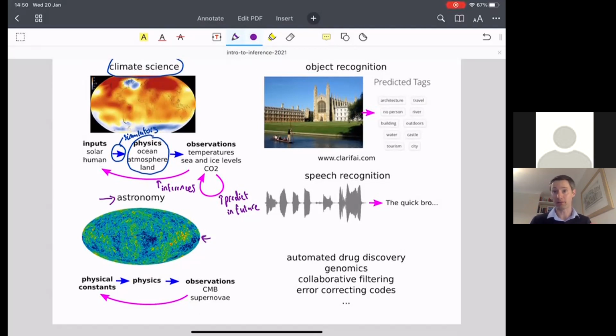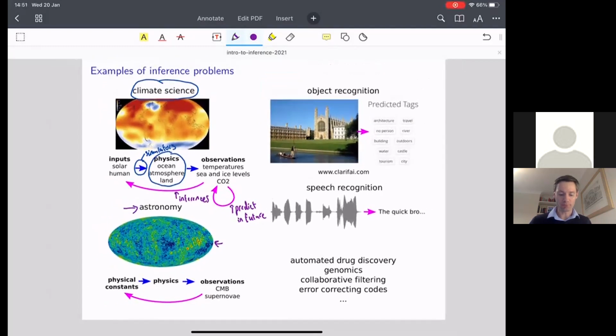So the physical constants, many of them are not given to us by theory. They're sort of unknown constants that have to be estimated from experiment. And so we'd like to go back from these experimental observations and estimate the physical constants. And of course, there'll be some uncertainty when we do that. So we'd ideally like to capture our uncertainty in those physical constants as well. And that's another example of an inference problem.